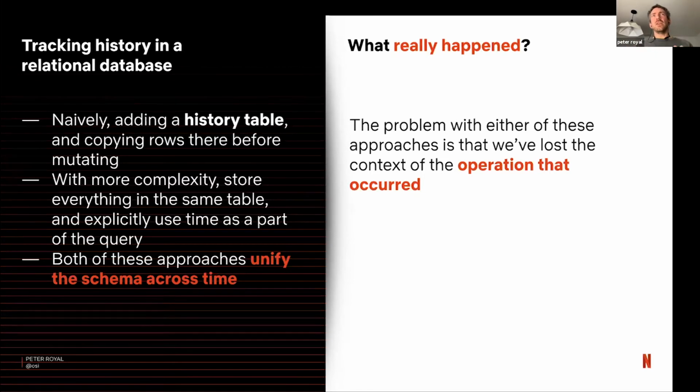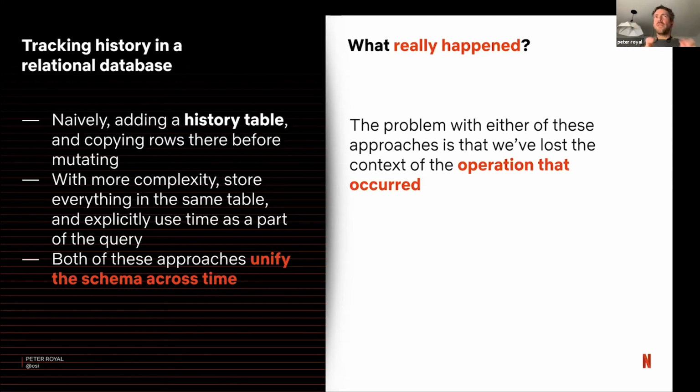A key thing here is you are unifying the schema across time. If you're ever making a schema change, you have to change the schema of your history table in order to keep everything aligned. But the real problem is you've lost context of the operation that actually happened.